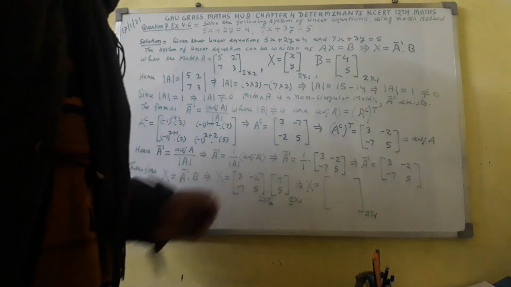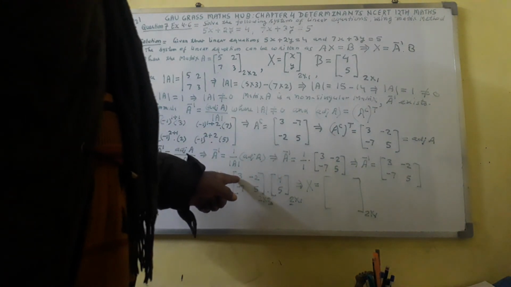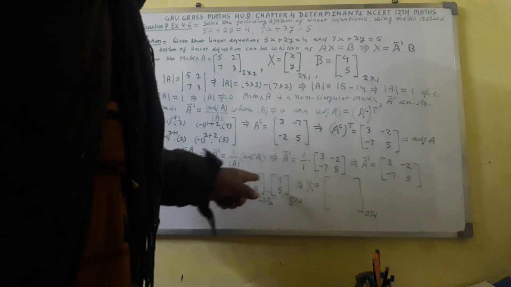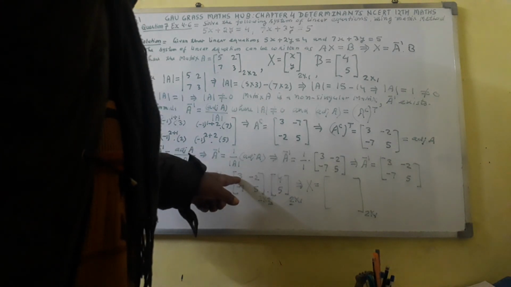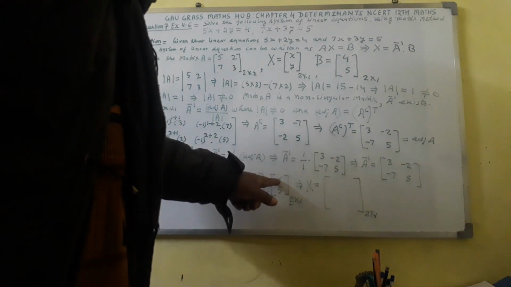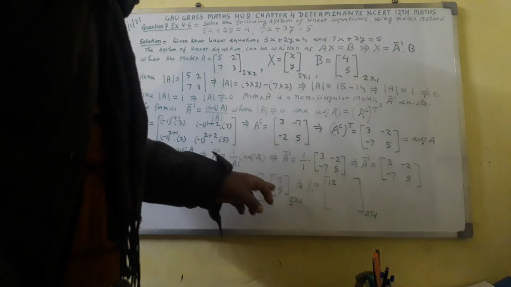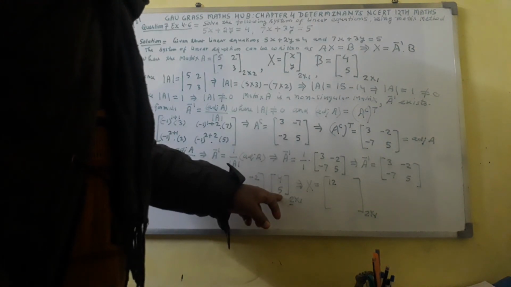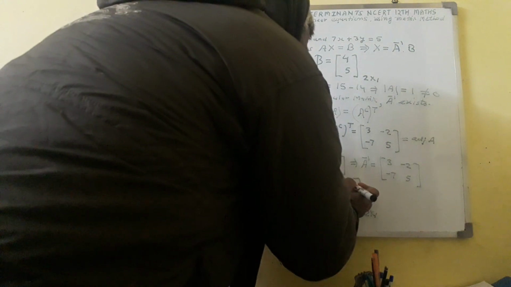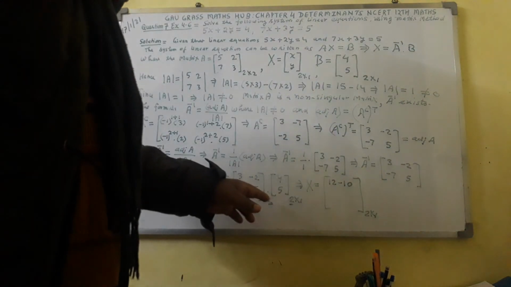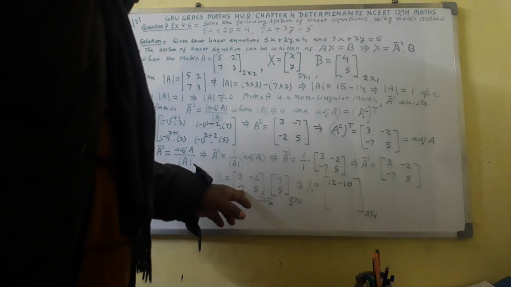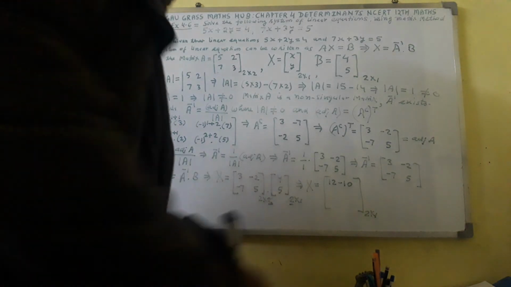Now simplify this one. Here 3 will multiply to 4 comes out to be 12. And minus 2 will multiply to 5 comes out to here minus 10. So here write minus 10. And here minus 7 will multiply to 4 comes out to minus 28.